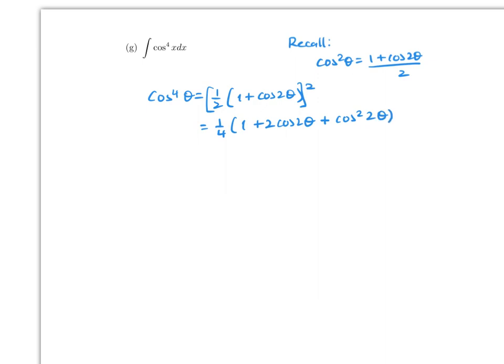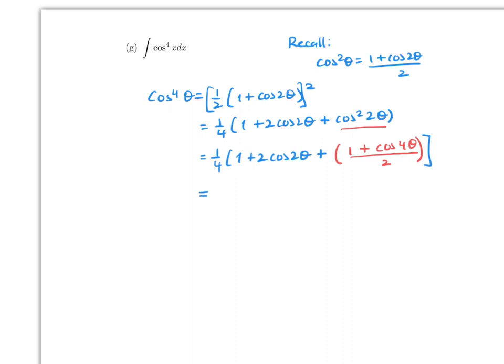And then, since this is still squared, you have to use the same identity twice, but now with 2 theta. So therefore, this is 1/4, 1 plus 2 cosine 2 theta plus, if you use the formula, this part is going to be 1 plus cosine 4 theta divided by 2, whole thing.